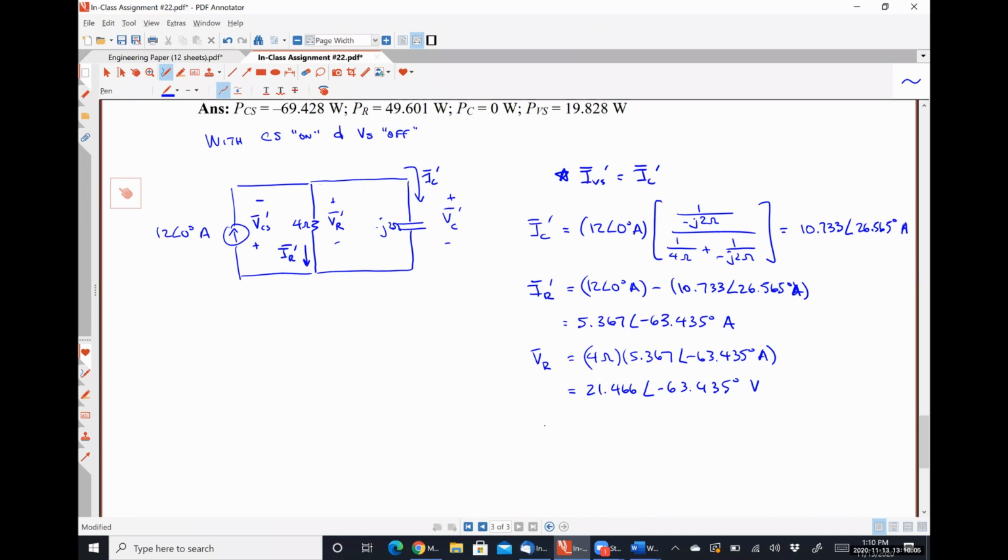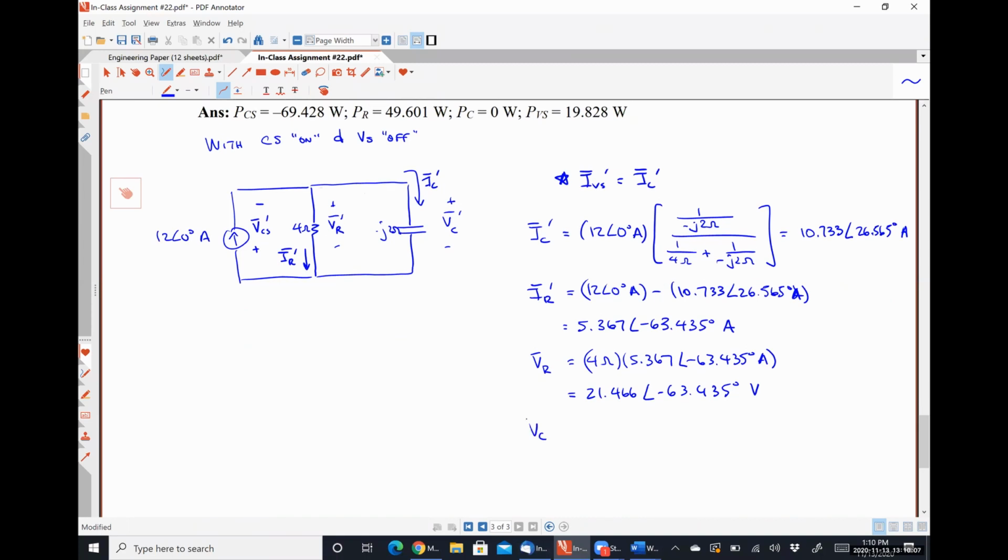And just as a sanity check, VC prime will be minus J2 ohms times our current through our capacitor, 10.733 angle 26.565 degrees amps. And the answer we get for VC prime should be the exact same thing we get for VR prime. This is just a way to make sure I haven't made some dumb mistake.